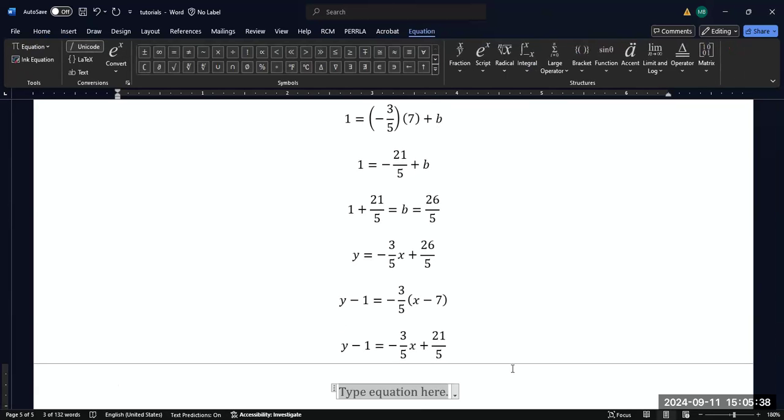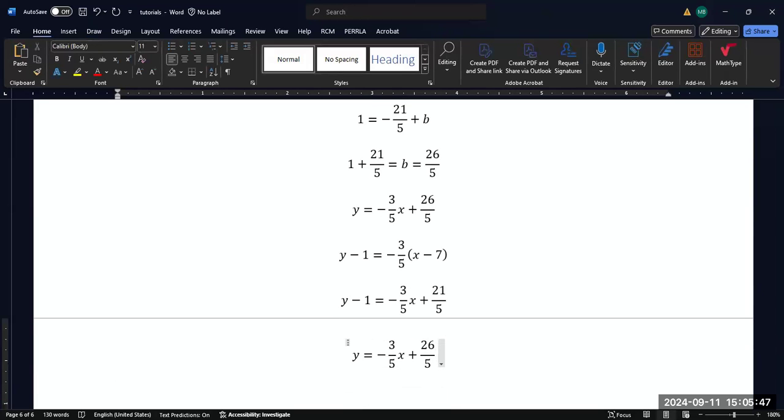And then if I add 1 to both sides, I end up with the same intercept that I ended up with before.